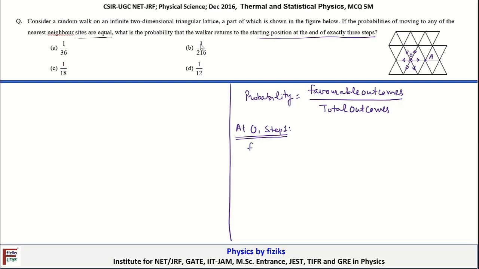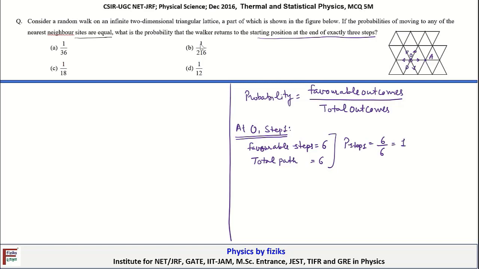So let's determine the probability of taking the step 1. So we are having favorable steps. They are also 6. Okay, and the total steps or the total paths, you can say they are also 6. Okay, so all of these 6 different paths are equivalent. Okay, so the relevant probability for taking the step 1, P, that is equal to the favorable outcomes, which are 6 here, divided by the total outcomes, which is also 6 here.